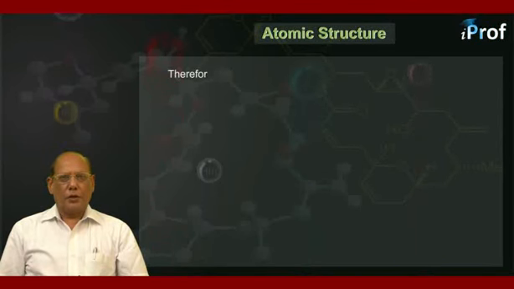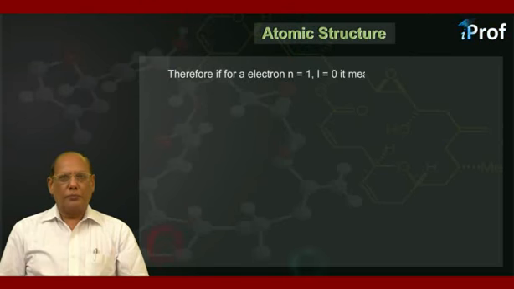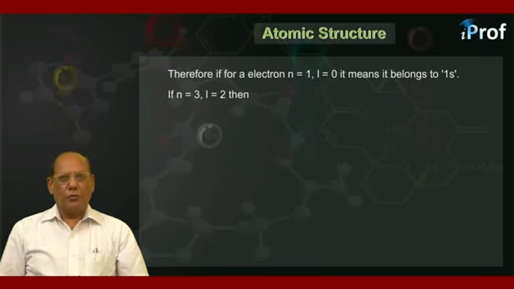Therefore, if for an electron n equal to 1 and l equal to 0, it means it belongs to 1s. If n equal to 3, l equal to 2, that means it belongs to 3d subshell.